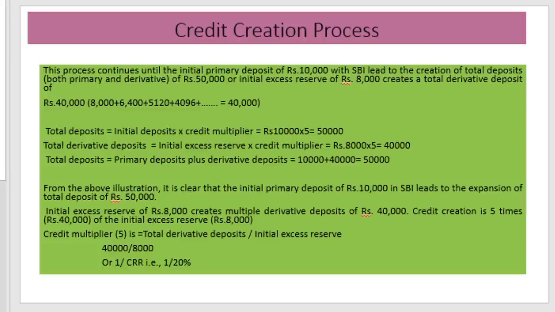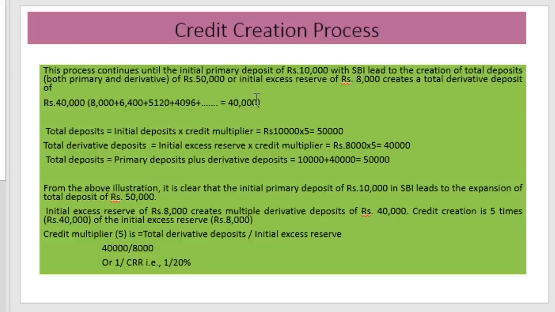Or initial excess reserves of 8,000 create a total derivative deposit of 40,000. How do we get to this 50,000 and 40,000? That is, with an initial deposit of 10,000 and cash reserve 20%, we can create a total deposit of 50,000 or a derivative deposit of 40,000.